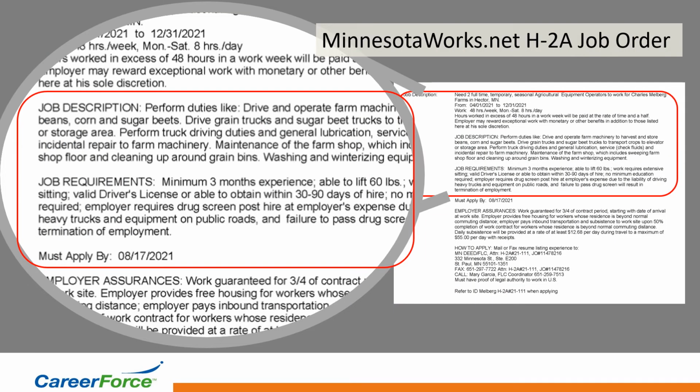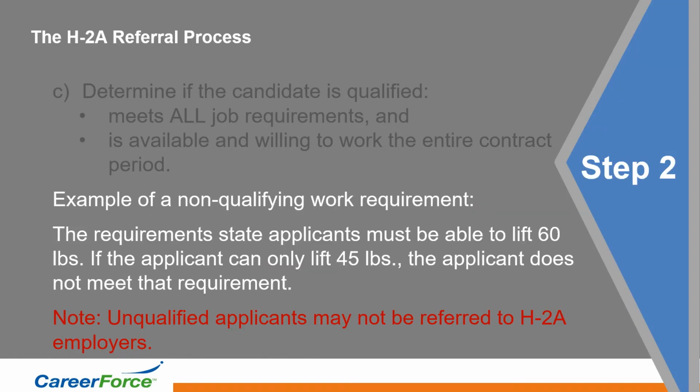On the screen is an example of a MinnesotaWorks.net H-2A job order, highlighting the job description, job requirements, and must apply date. It's important that this information is discussed with a potential job seeker so they know the requirements.